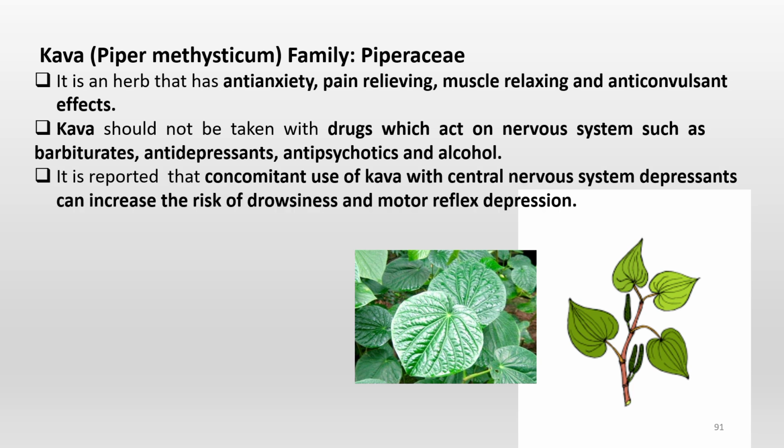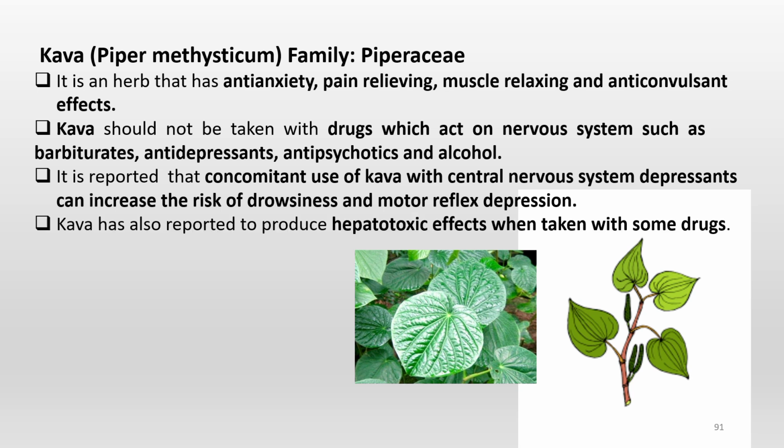It is reported that concomitant use of kava-kava with central nervous system depressants can increase the risk of drowsiness and motor reflex depression. Kava has also been reported to produce hepatotoxicity when taken with some drugs.